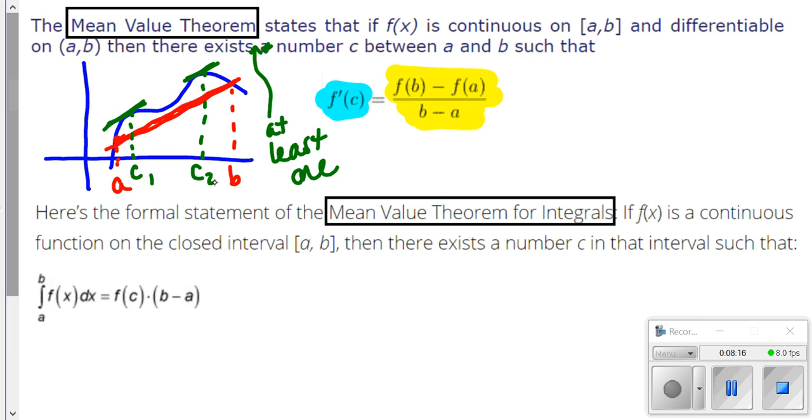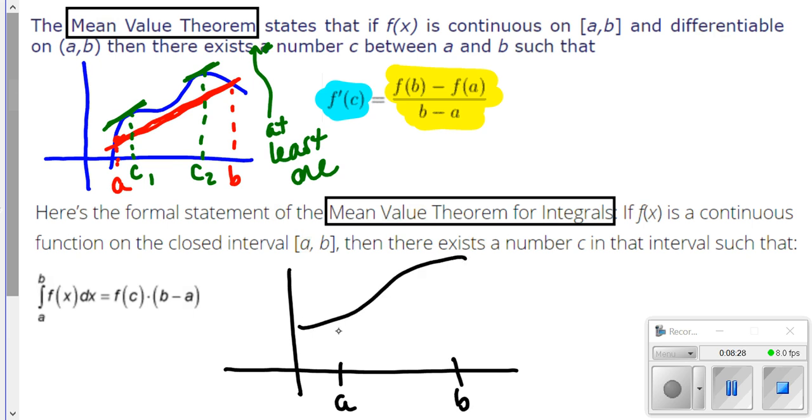So the mean value theorem for integrals, you're thinking more in this situation about area. You say, all right, here's A, here's B. I've got some graph, okay? And here is my interpretation of this side of the equation: think about area under the curve. So here's my area.